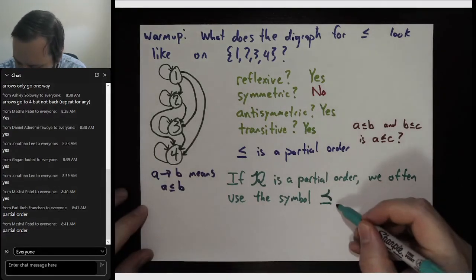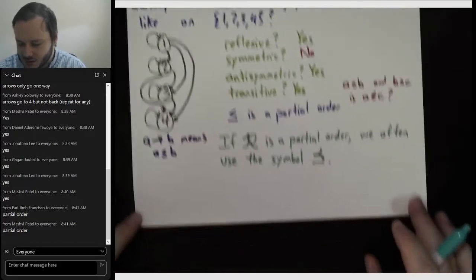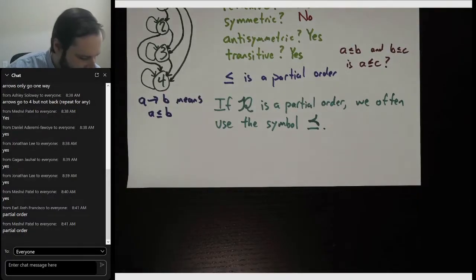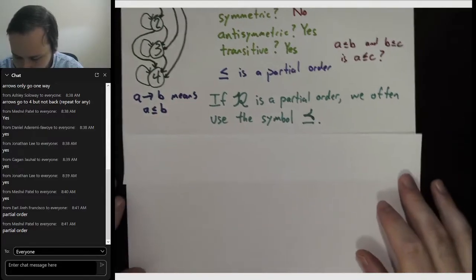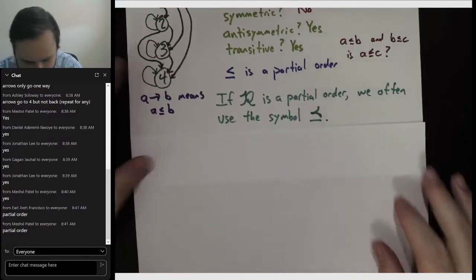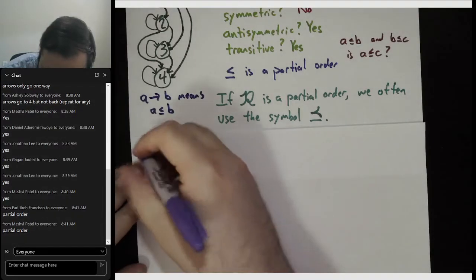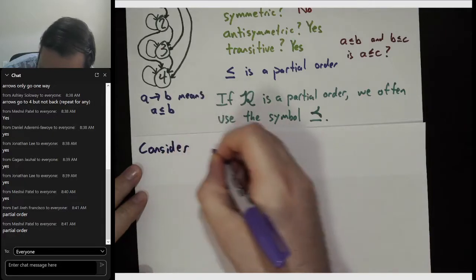So let's look at a partial order that's not just a nice, simple less than or equal to. I want to look at the set ABC, and its power set.